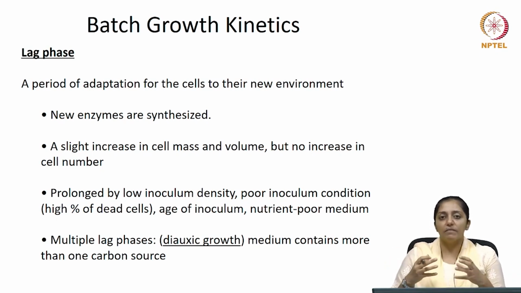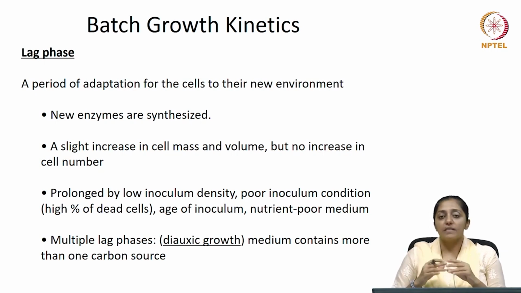So, the inoculum must have a majority of the cells in their active growth phase, which means the phase at which they are rapidly dividing, or it should have fewer dead cells than the age of the inoculum. They should be at a phase where they are rapidly multiplying.